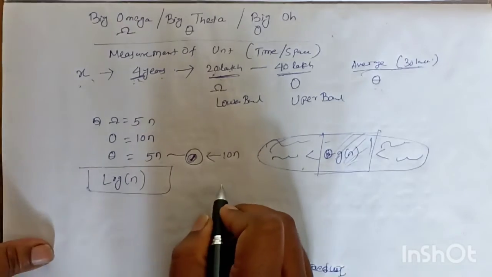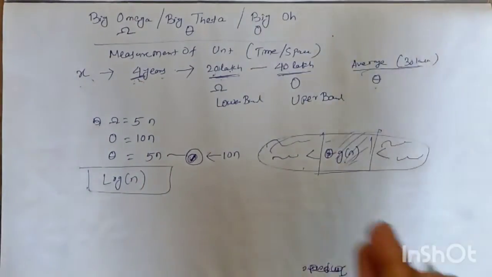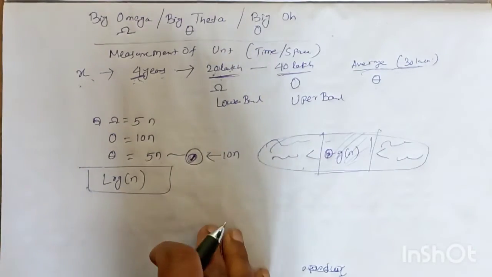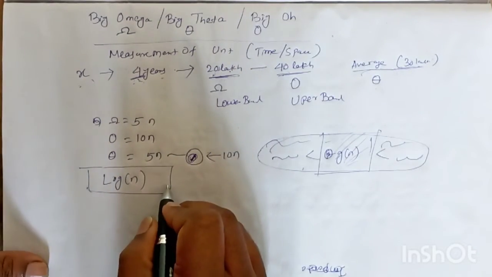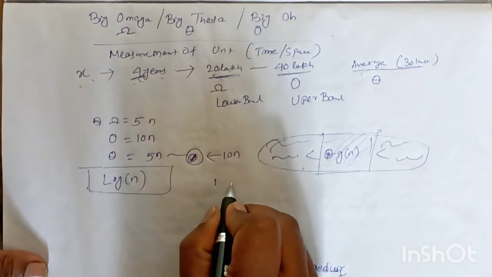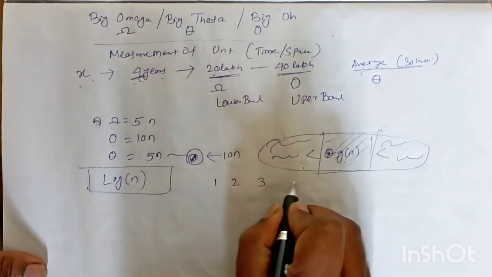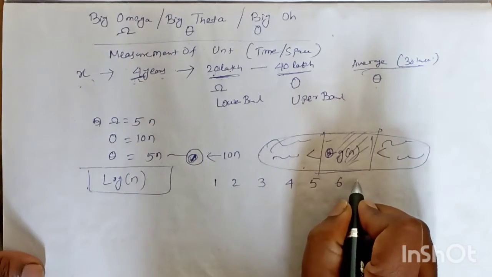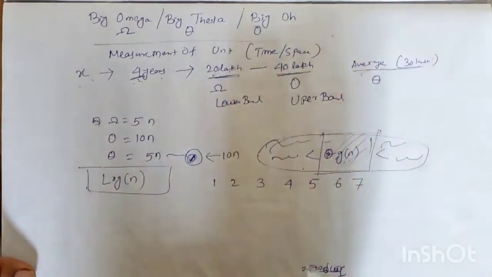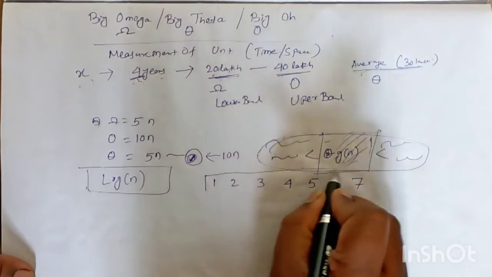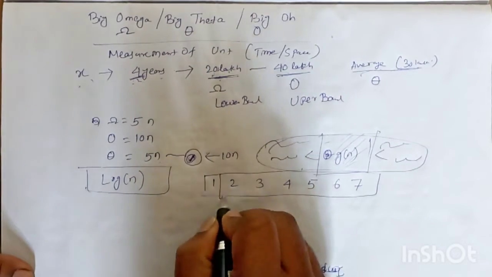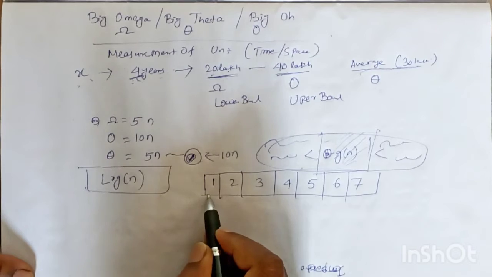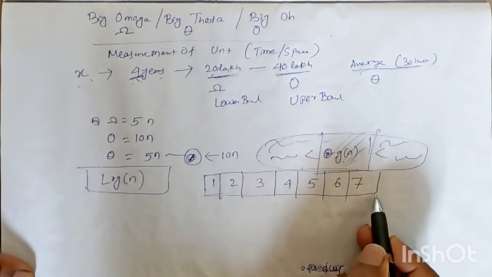That means it first goes to the middle element and tries to find the element. Let's say we have an array like 1 2 3 4 5 6 7, and this is a sorted array.